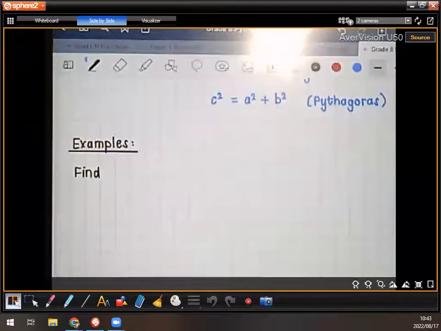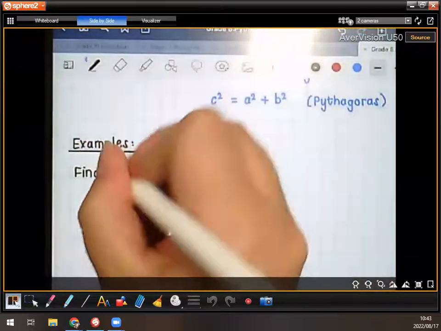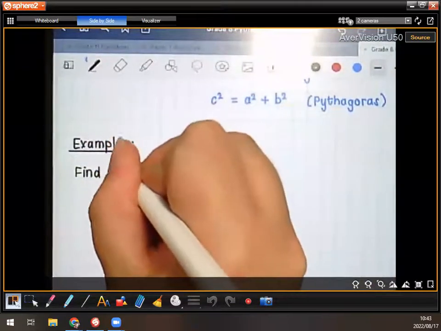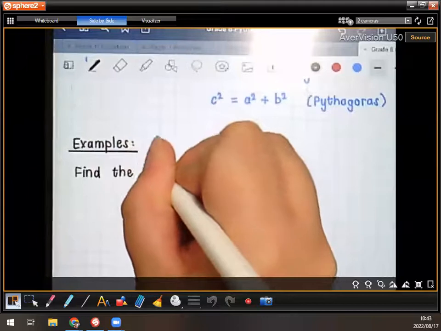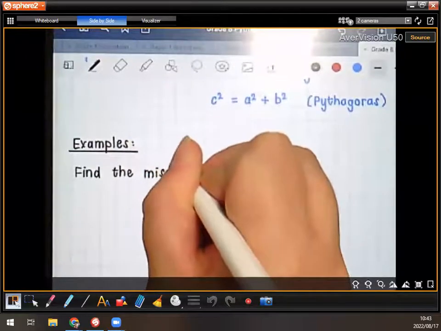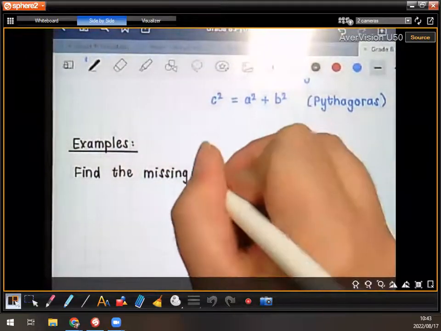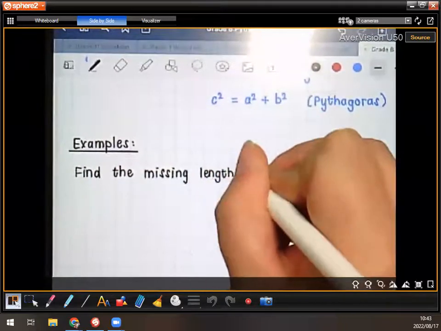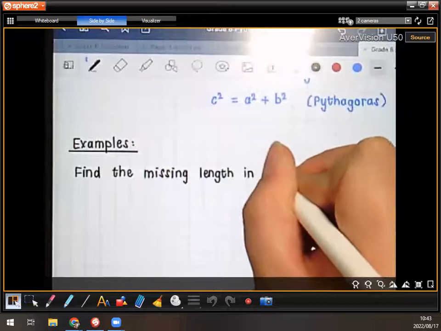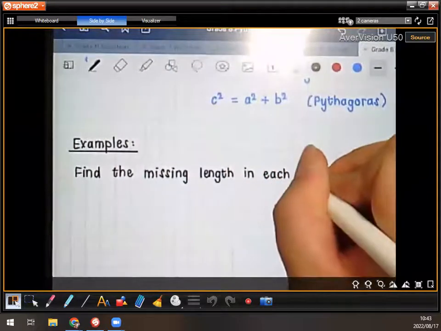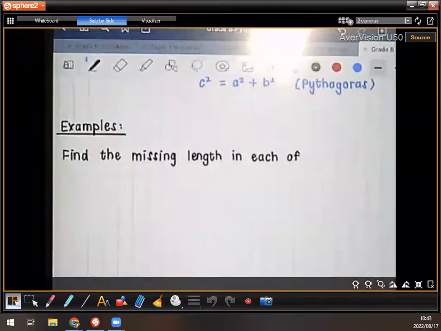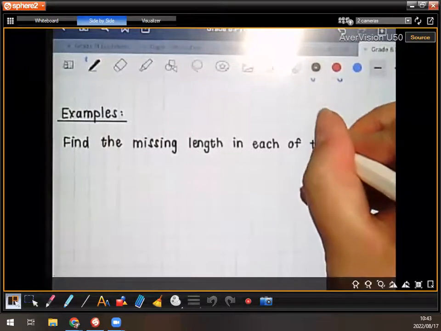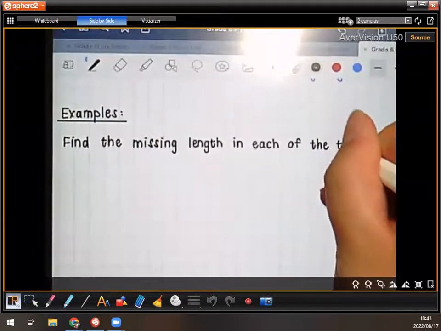I'm not sure how many we'll do, we'll see how it goes. Find the missing link in each of the triangles.